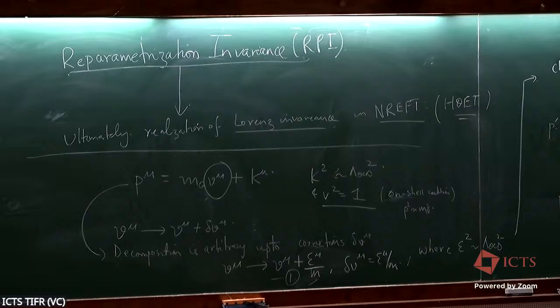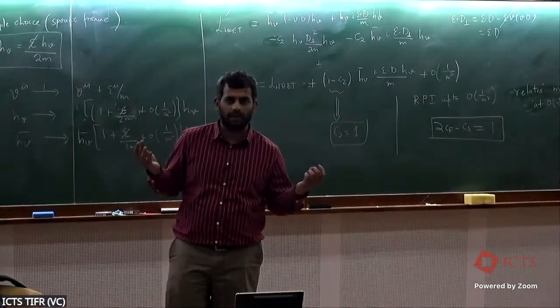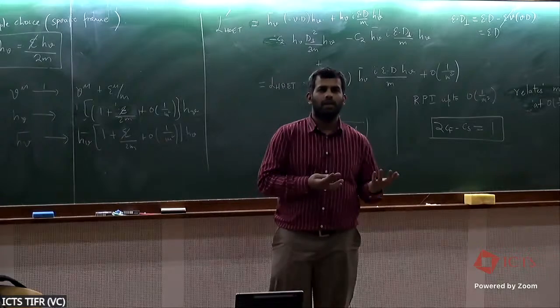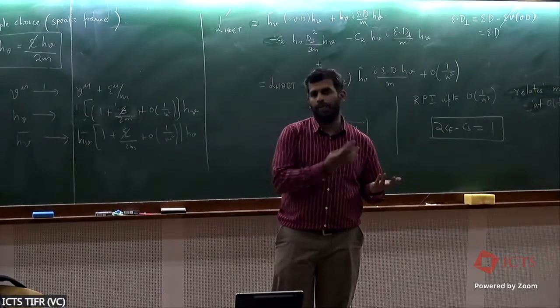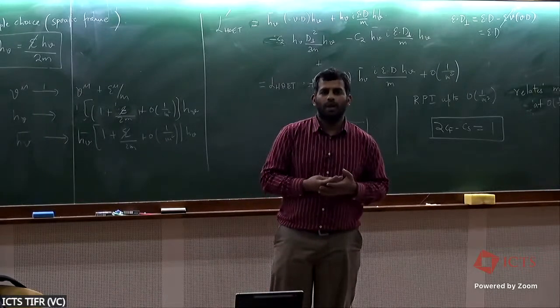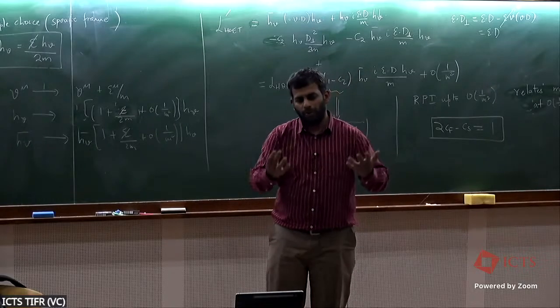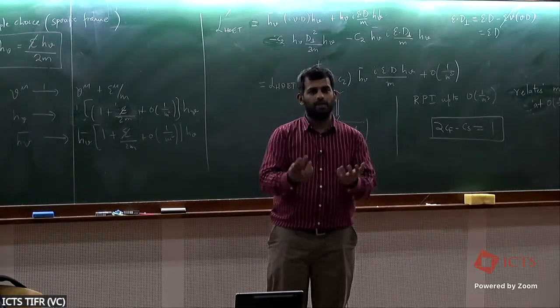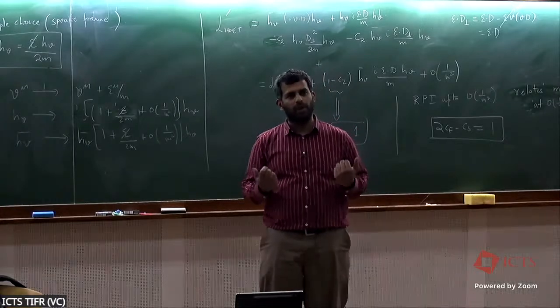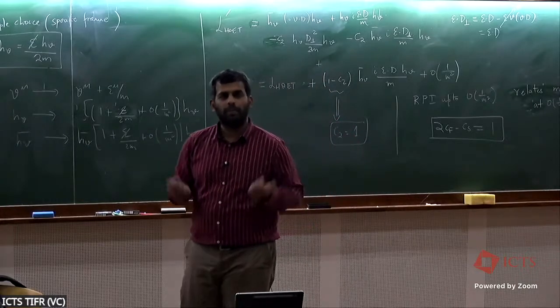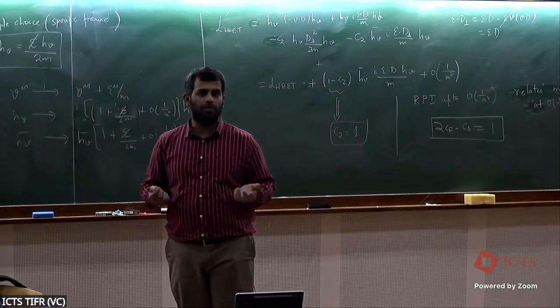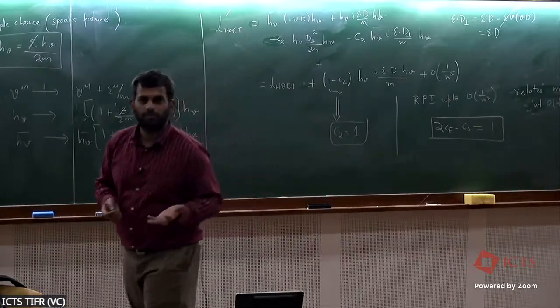In HQET, we only had two scales, the heavy quark mass and lambda QCD. In systems like charmonium and bottomonium, there are actually a lot of scales that can come up along with the heavy quark mass and lambda QCD. So before going into charmonium and bottomonium, let's take a step back and go to the QED case to understand better. The simplest example in QED is the positronium molecule or the hydrogen atom, to demonstrate.